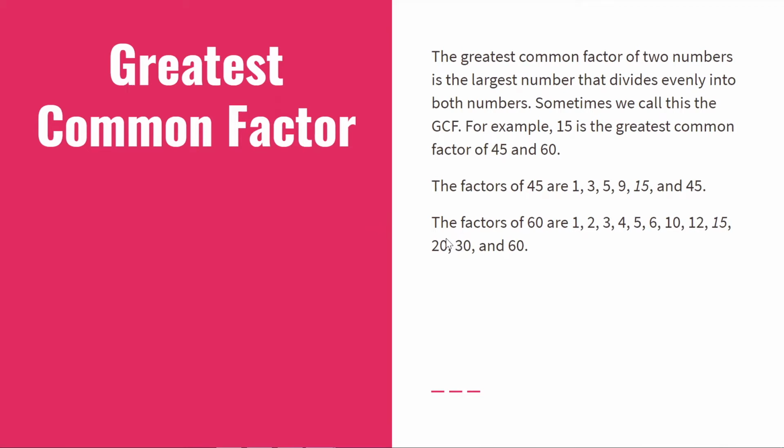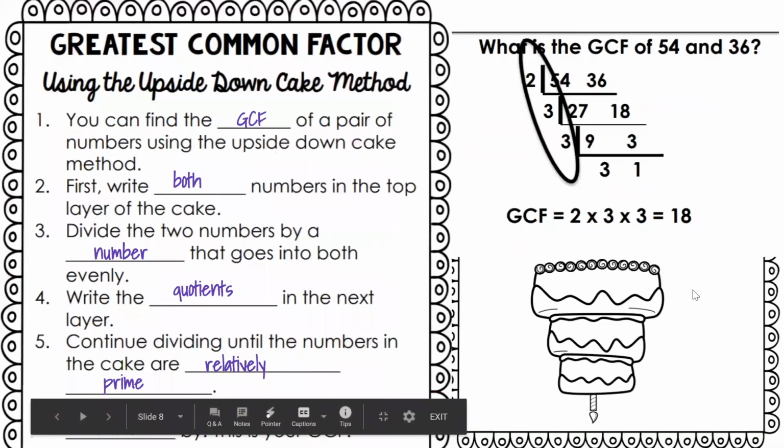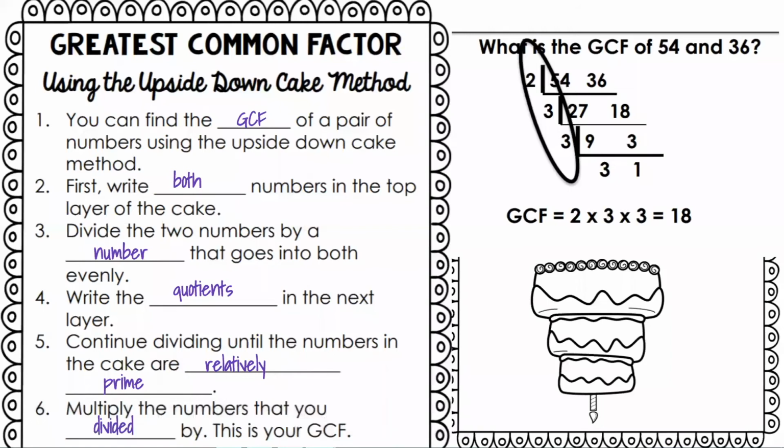So there's another way to find the greatest common factor, and that is what we call the upside down cake method. All right, so we're going to go through the steps of the upside down cake method to find the greatest common factor of two numbers.